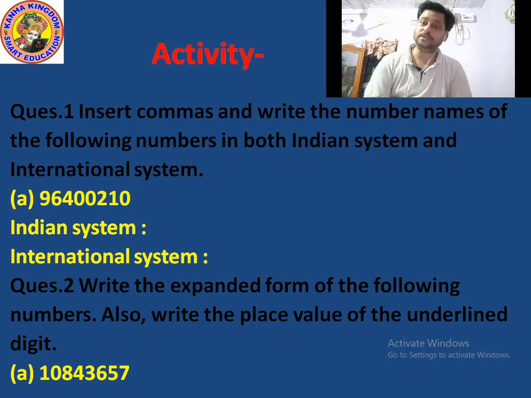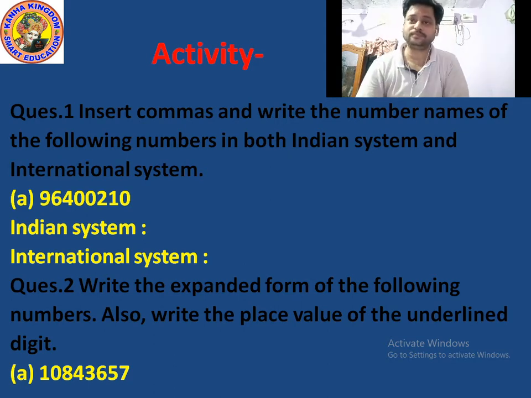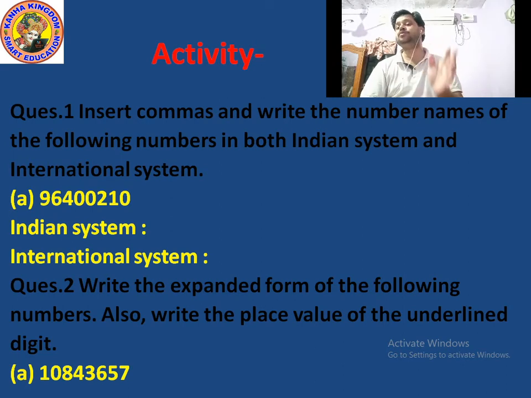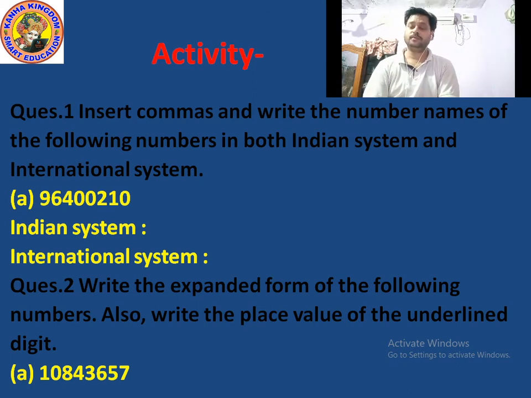First you count it. Here. So first you count: 10843657. So total is 8 digits. And there is no comma. So first you insert commas, starting from the right hand side.